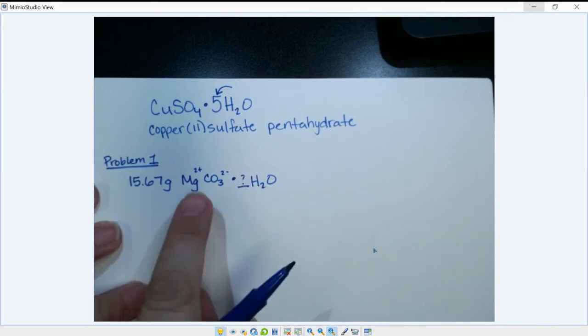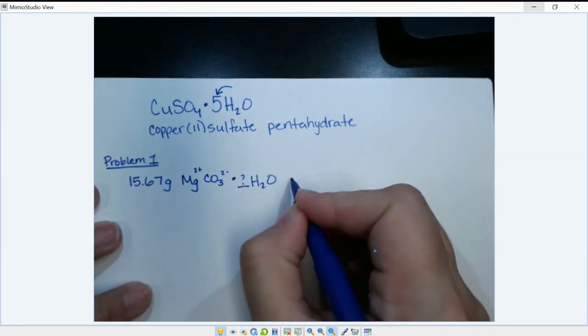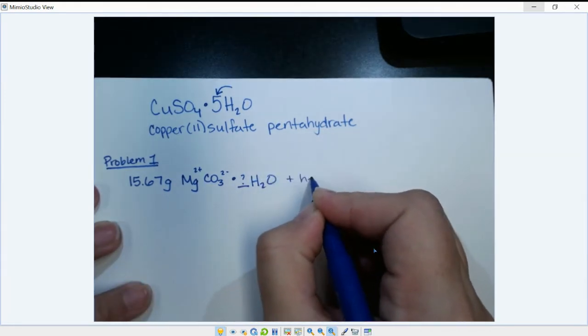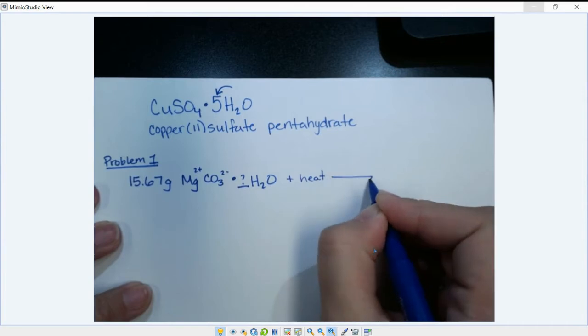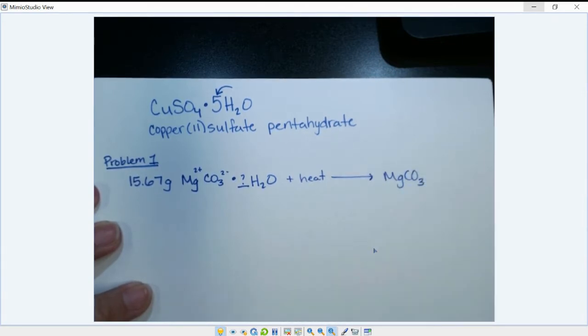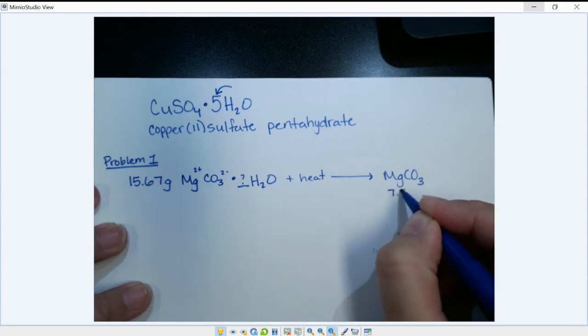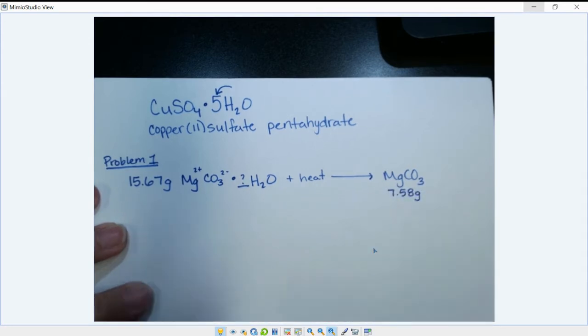It doesn't decompose the magnesium carbonate, and we drive off the water. So when we heat this up, the water goes away, and all we have left is just magnesium carbonate. It says the mass was reduced to 7.58 grams. What is the formula of the hydrate?